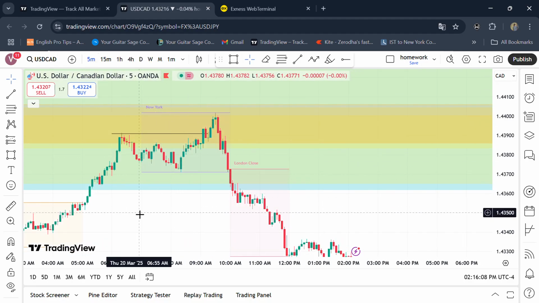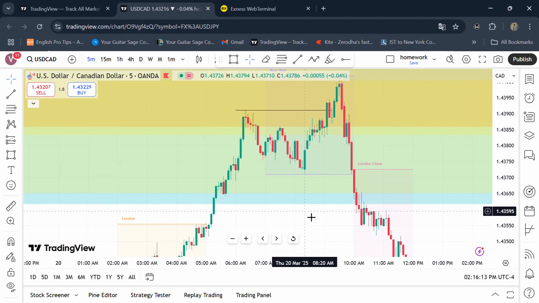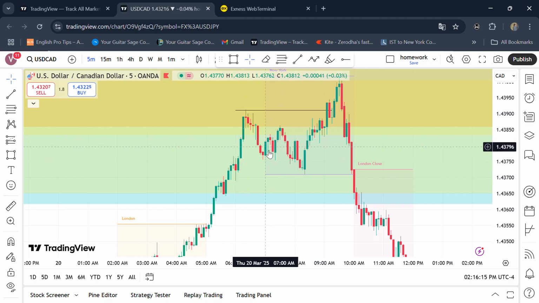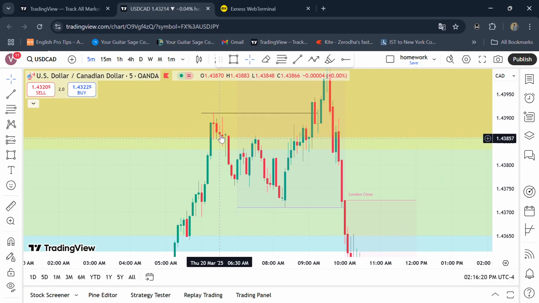If we go on lower time frames, this is where I also incurred some loss, because as you can see, this was the first tap.